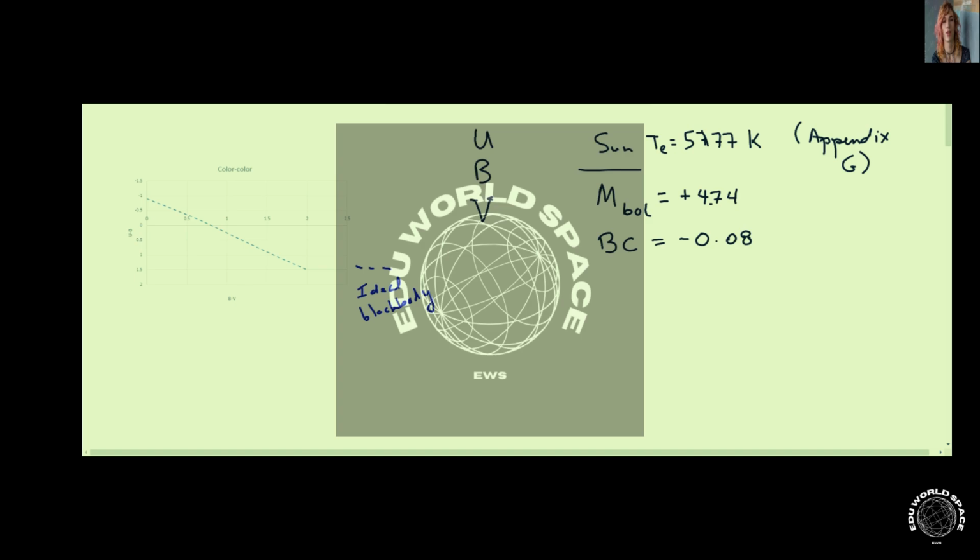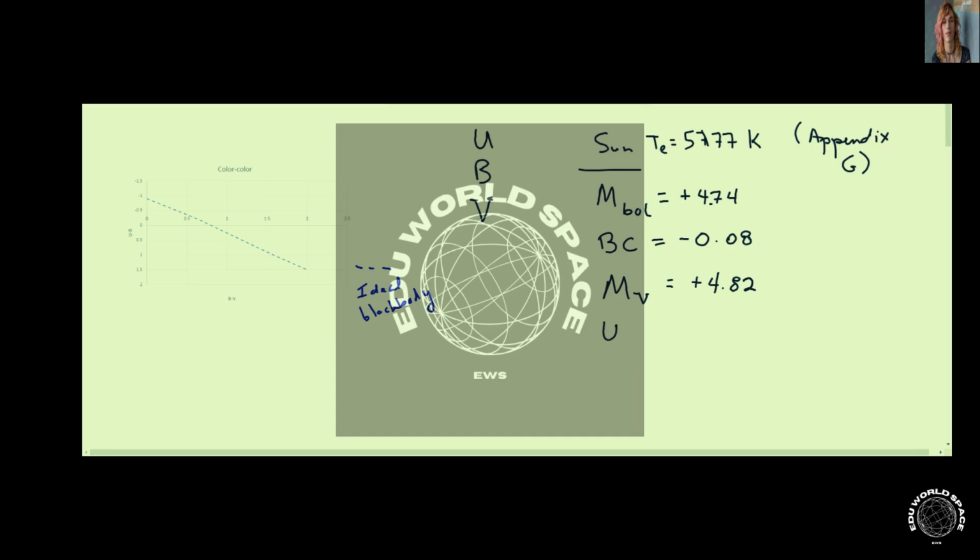Not likely. Big M with a subscript on it like V means the magnitude absolute taken through a visible filter. So we can see that basically your magnitude bolometric is equal to M_V minus BC, and we'll get to that.